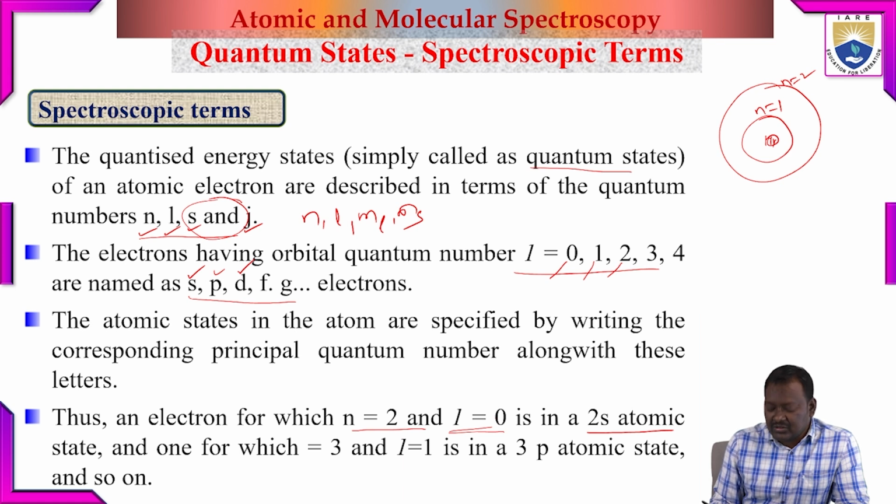Since the orbital quantum number L is 0, that particular electron's state is indicated by the 2s atomic state.